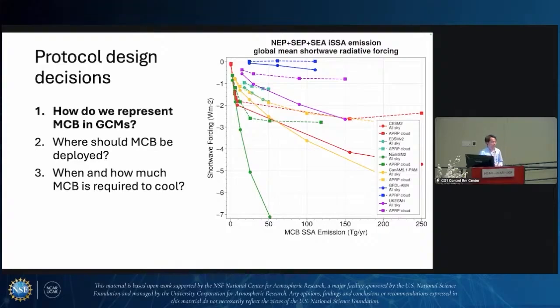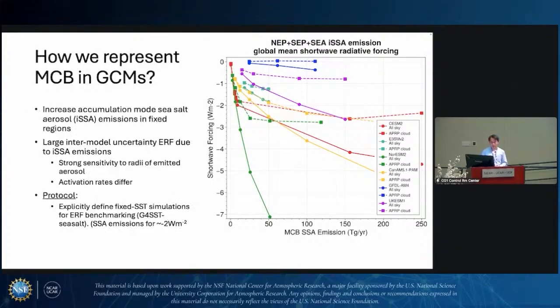This is a figure comparing 6 different atmosphere-only models. The solid lines are showing the all-sky forcing, and the dashed lines are showing the cloud component of that forcing. First off, we specify an increase in accumulation mode sea salt aerosol.